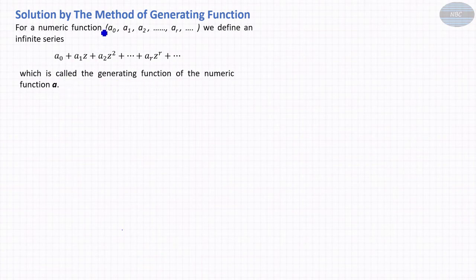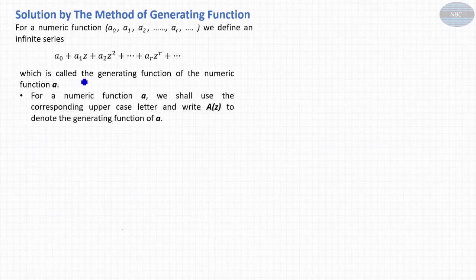Okay, so this is a numeric function and it is the corresponding generating function. For a numeric function a, we shall use the corresponding uppercase letter and write A(z) to denote the generating function of a. Let's suppose we have a numeric function b equal to b0, b1, b2, br and so on, and the corresponding generating function can be represented by the uppercase letter B(z).